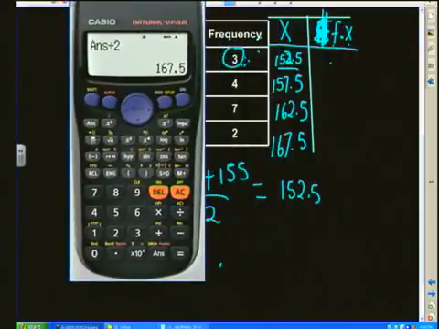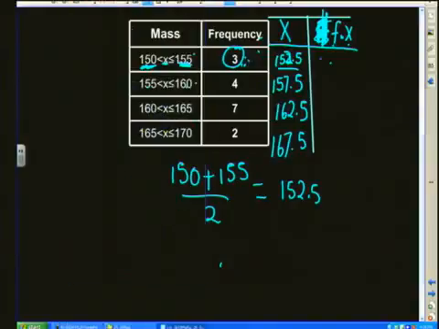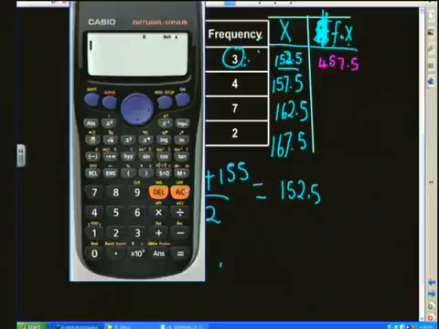So we've got first one, 152.5 times 3. That gives us 457.5. Okay, your next one is going to be 157.5 times your frequency, which is 4. And that gives us 630.